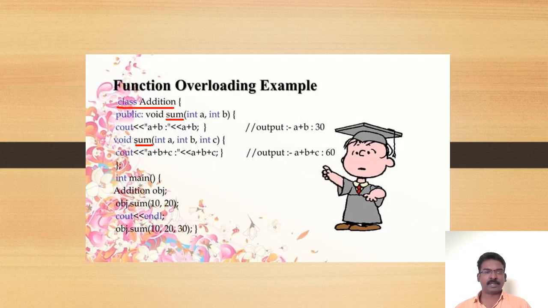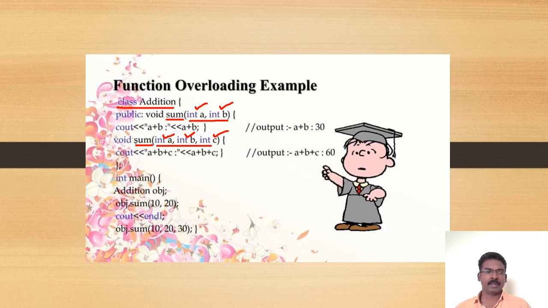Here the functions have the same name, but when you look closer at the parameters, the first function has only two parameters, and the second function has three parameters. While the program executes, based on the number of parameters, it will identify which particular function to call.